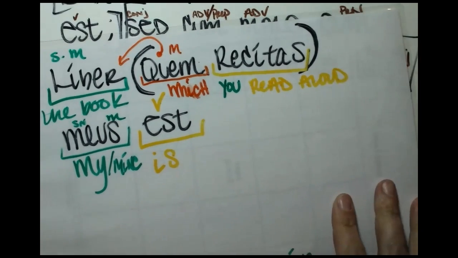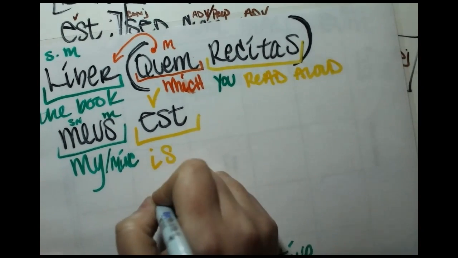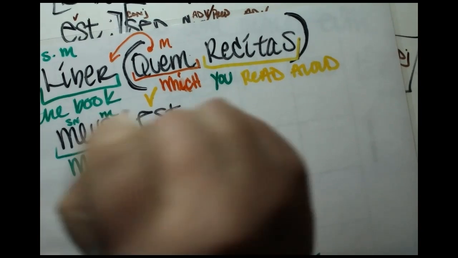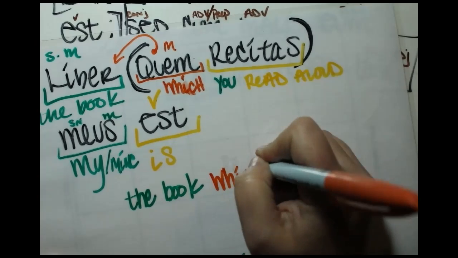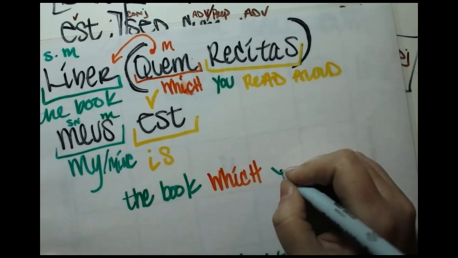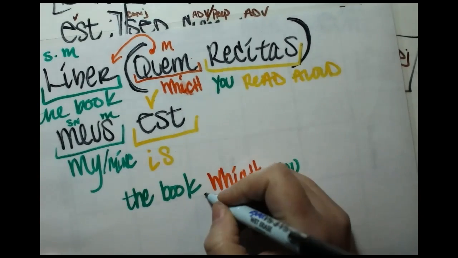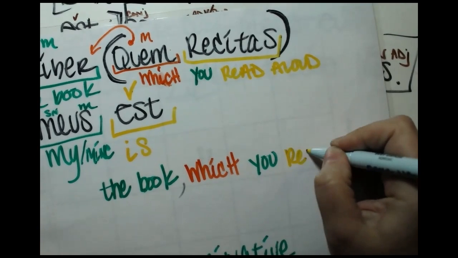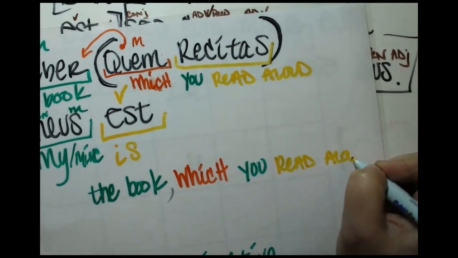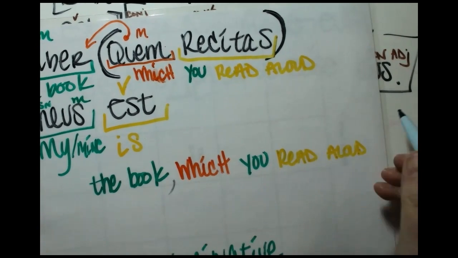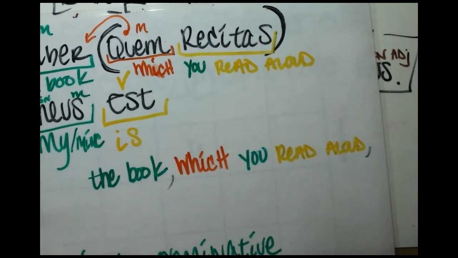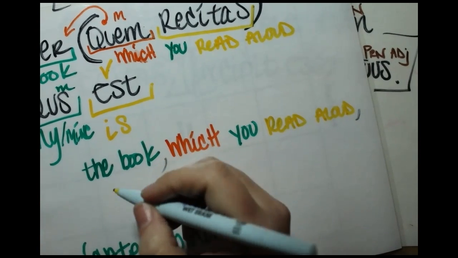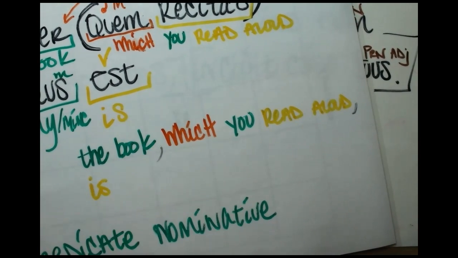So what is this sentence? The book, which, referring back to the book, which you, we'll put punctuation in there as well, which you read aloud, comma, mine is, or if we were going to make it, you know, better for English, more coherent in English, is mine.